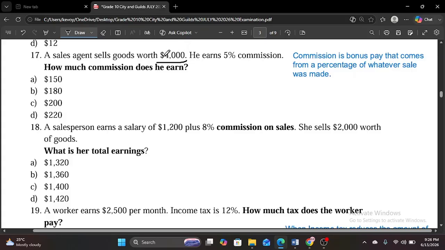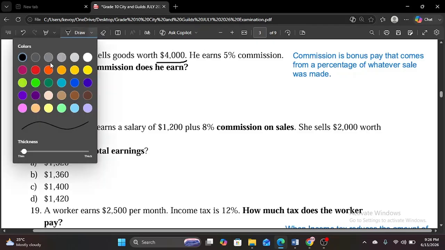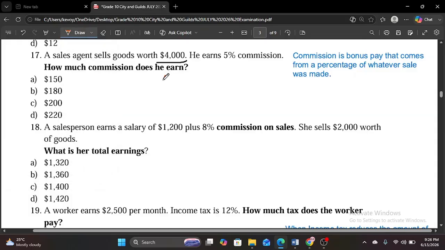And if you realize, I said the word of, 5% of. That means that I'm going to have to multiply. All right, so that's going to be 4,000 times 5%, which is 5 over 100.